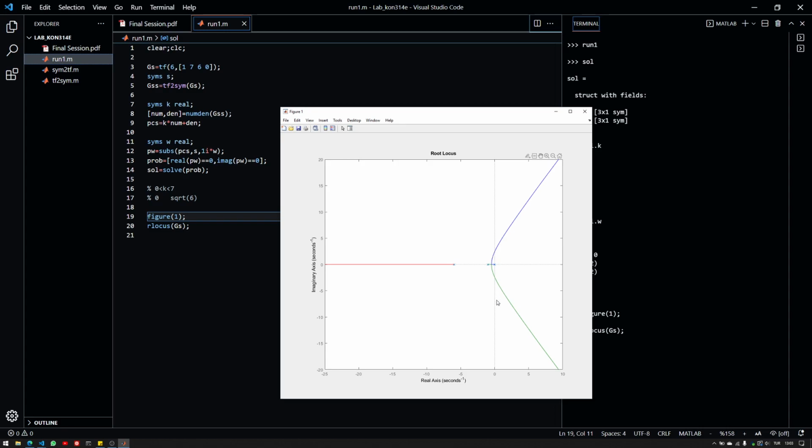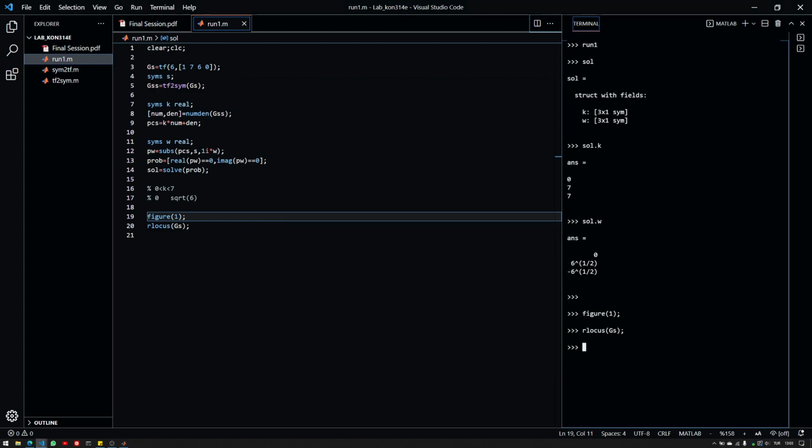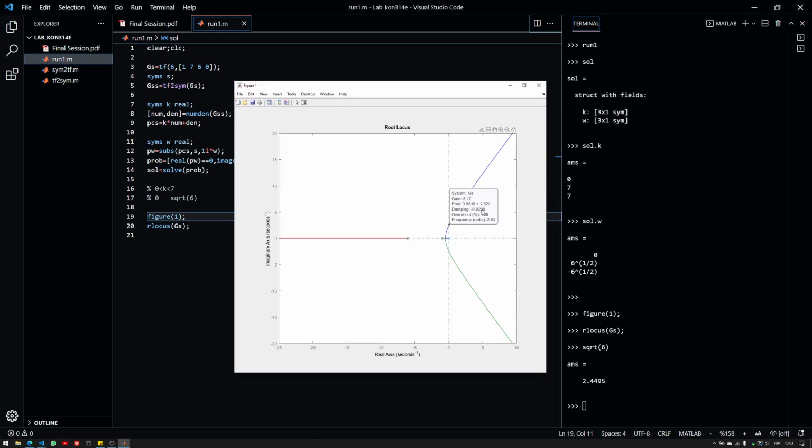So this would be square root of 6. Now, if you can click exactly here, there was the square root of 6 calculation that I've done. Let's repeat that. 2.44, which is roughly the j omega part here.